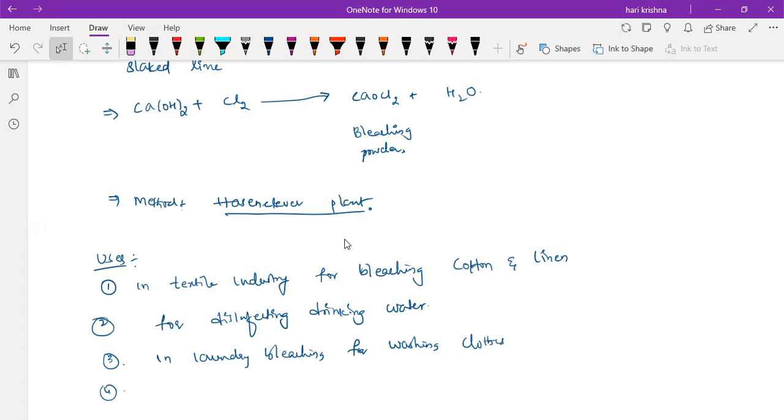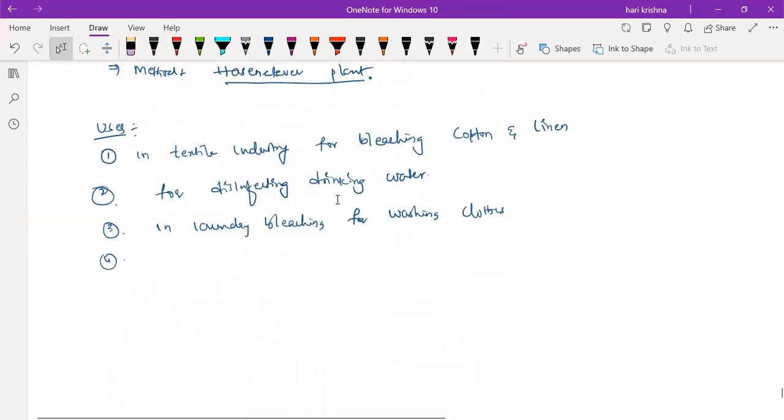Next, oxidizing agent. General uses you can tell me.